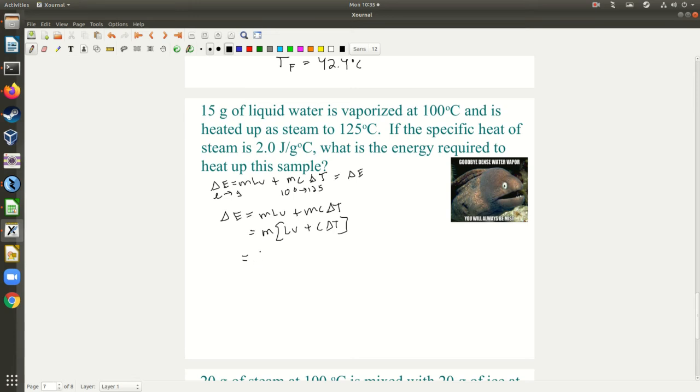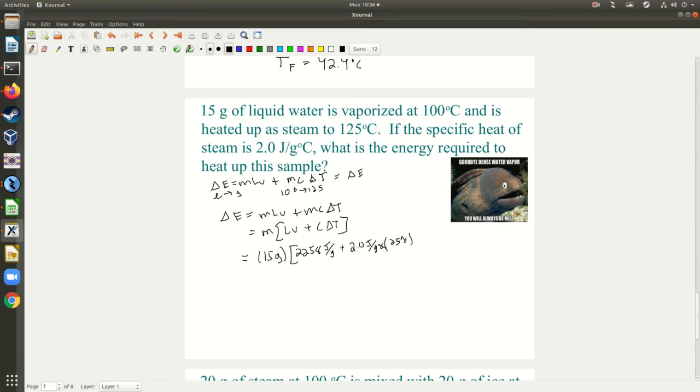I take my mass, which is 15 grams of liquid. L_V, remember, is 2258 joules per gram, much higher than the latent heat of fusion of water. C is not 4.18. Remember, it's steam now, so it's 2.0 joules per gram degrees Celsius times its change in temperature from 100 to 125, which is 25.